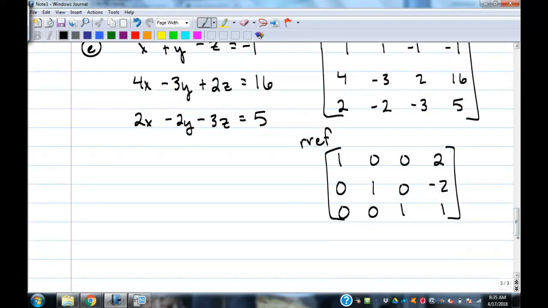What does that tell us our answers are? What's 2? Okay. There you go. Ordered triple is the way you're going to do that. X, Y, then Z. So 2, negative 2, 1.